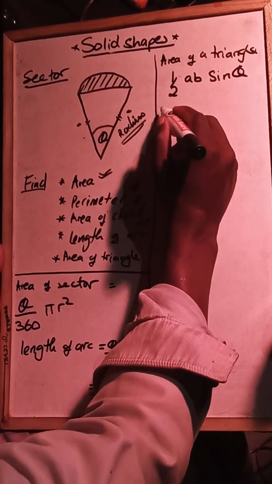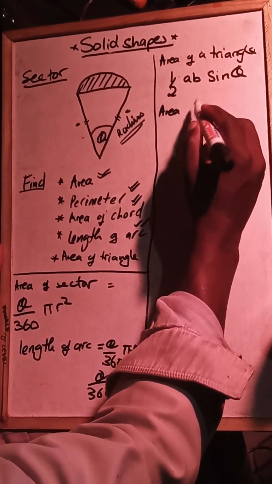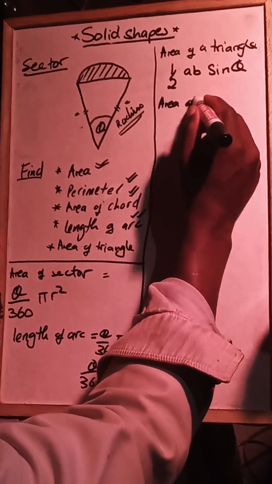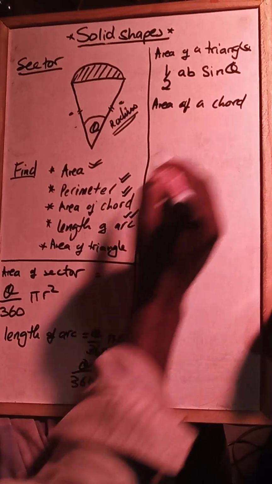Area of a chord, right? How do you find area of a chord?